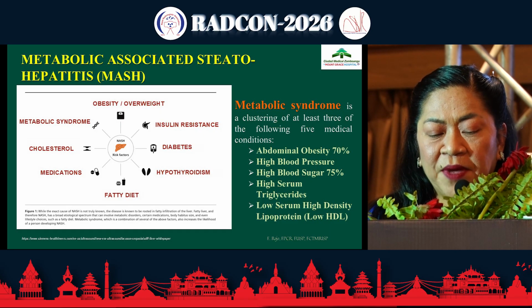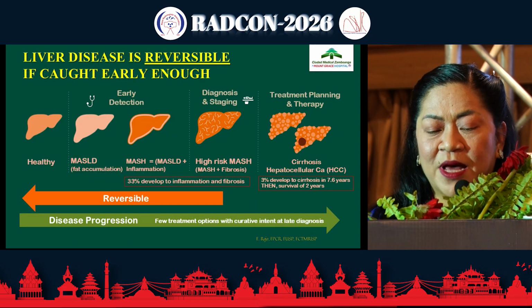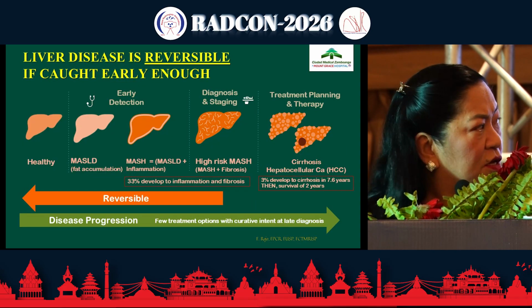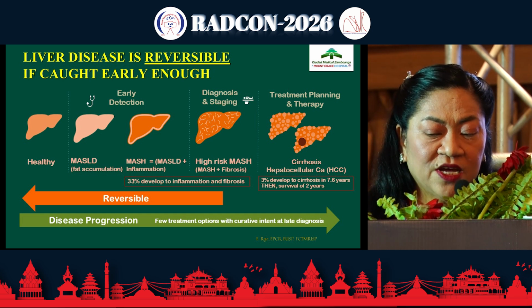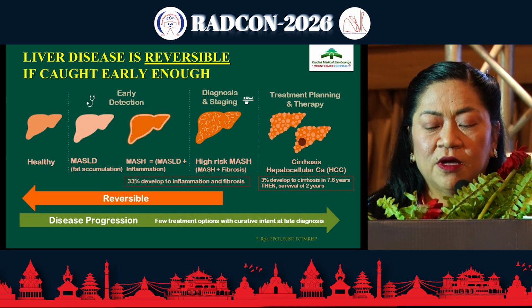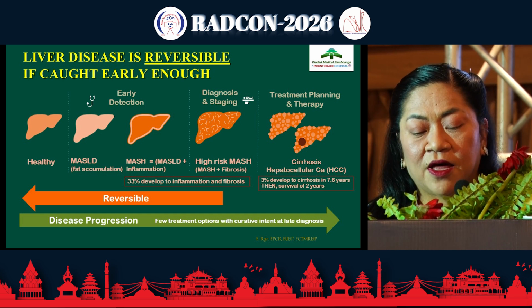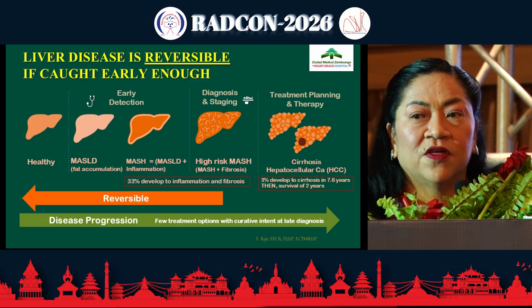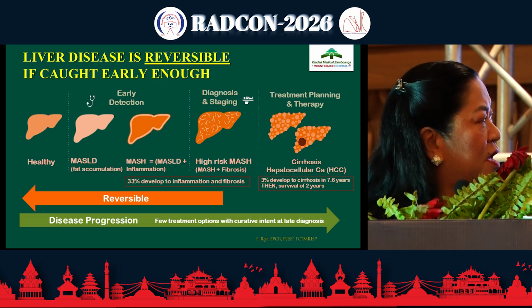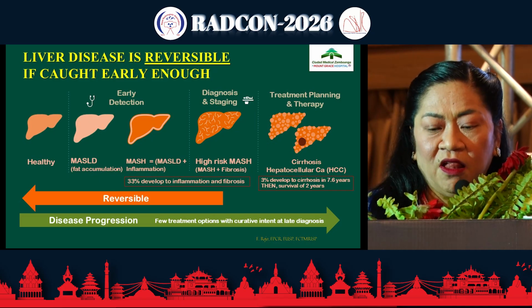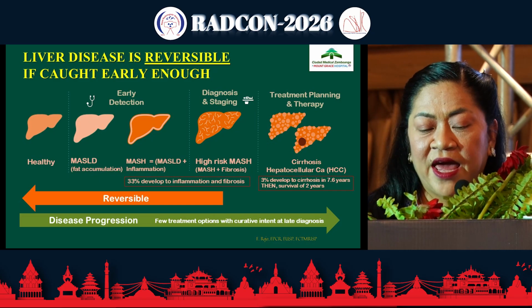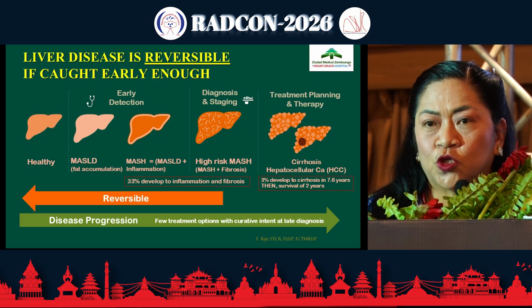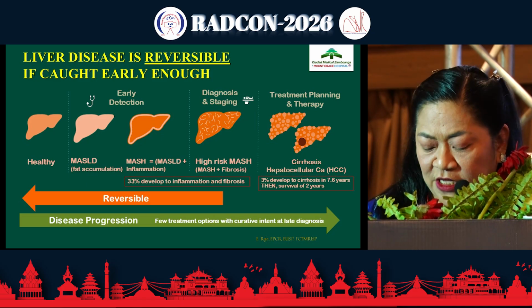And why? Because you have healthy, you have MASLD, then the third is the MASH. Then it may lead to fibrosis, then cirrhosis. But remember, this is reversible at the MASH level, like when they had a resolution of NASH after lifestyle change.